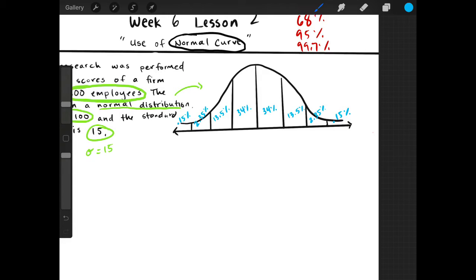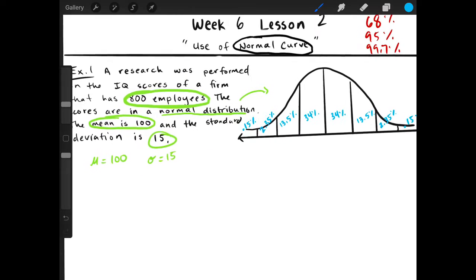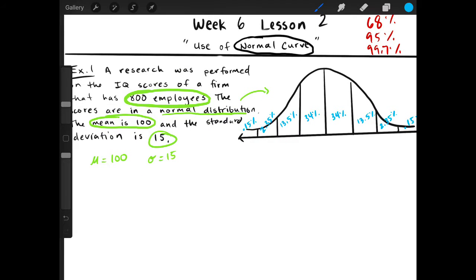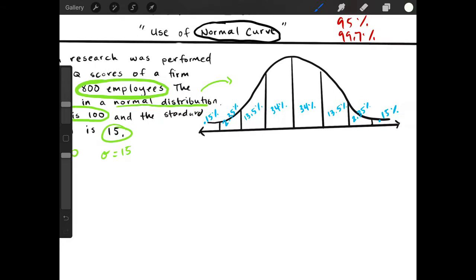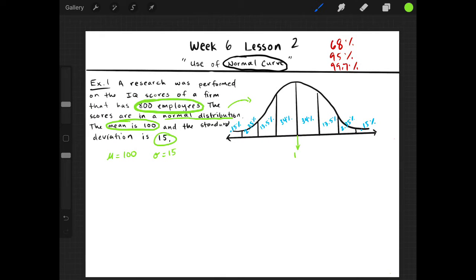Now, the second thing we can do, because it's a normal curve, is fill in some information. This line right here in the middle, that's our mean. So we can put our mean right there of 100.